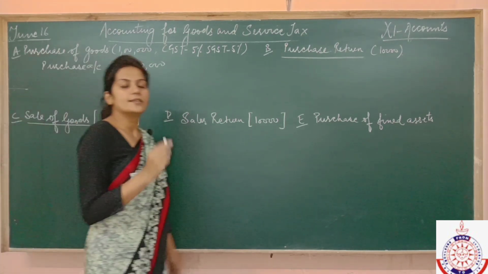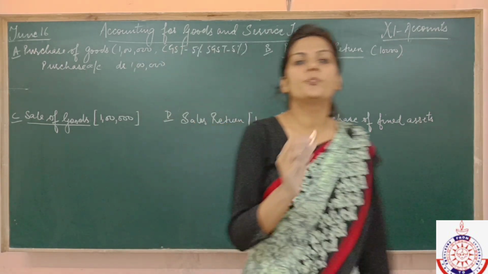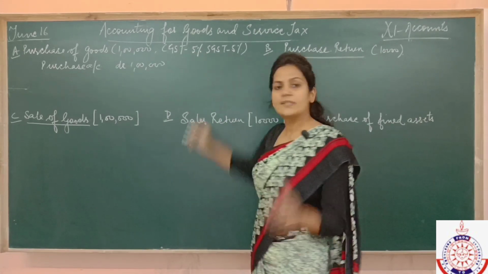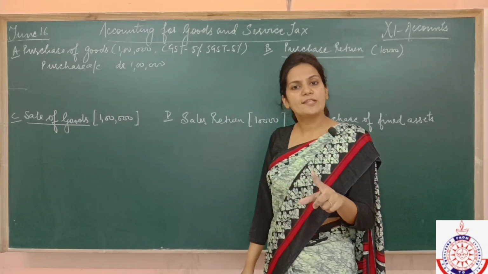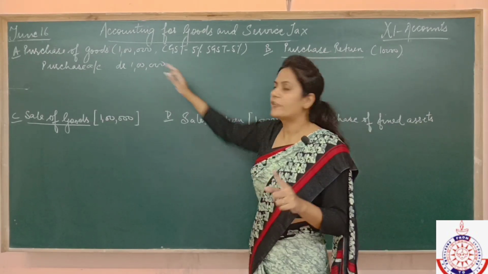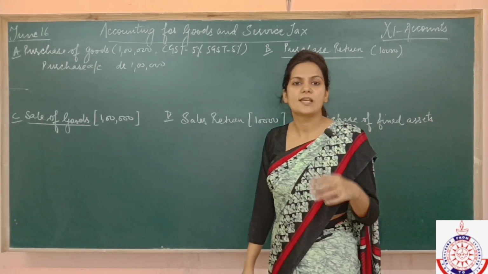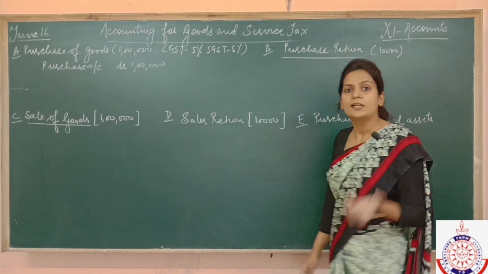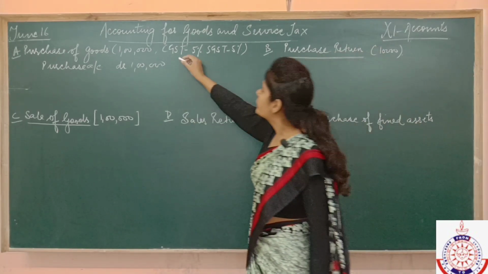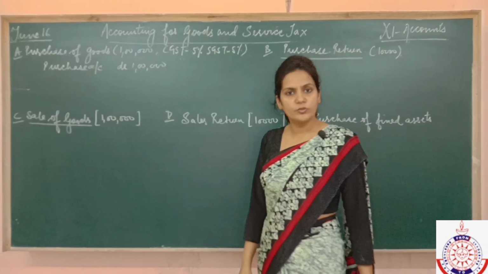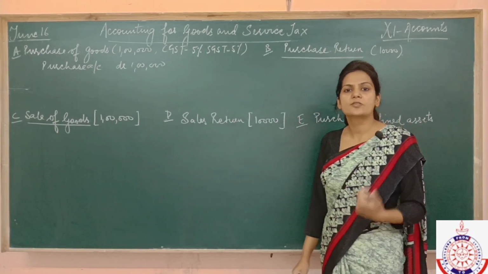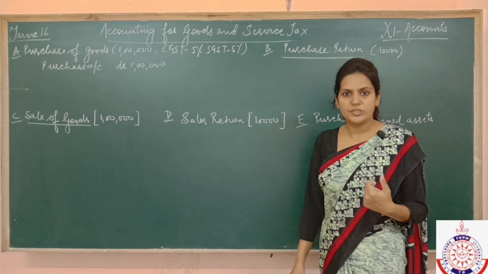Now students, listen to one thing: whenever you purchase goods, then obviously you have to pay CGST and SGST, because I am assuming that we have purchased goods from within the state. If I am living in Haryana, and I have purchased goods from Haryana only, then I have to pay CGST and SGST both, and moreover the one who purchases the goods is the only person who has to pay the GST.